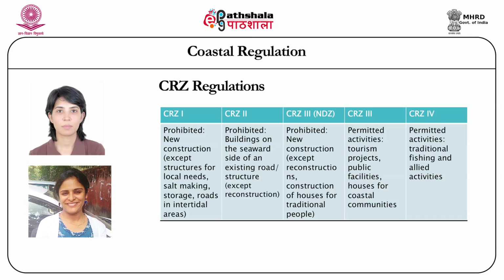In the non-NDZ part of the CRZ3 areas, construction and repair of houses of local communities, tourism projects, public facilities for local inhabitants are permitted. In CRZ4 areas, activities related to traditional fishing are allowed. There are certain exceptions to these regulations as well. You can find those details in component 2, that is the e-text of this module.